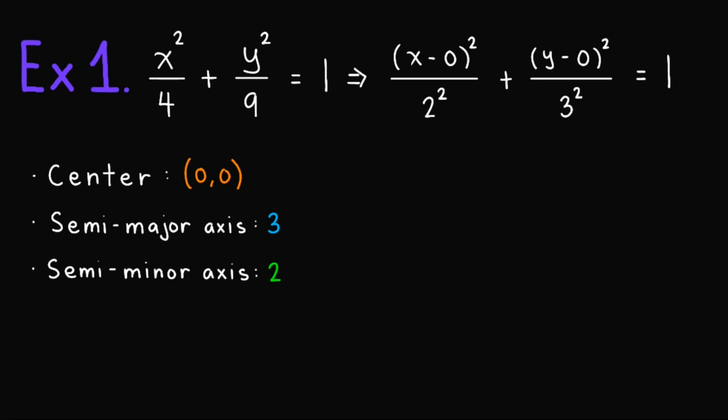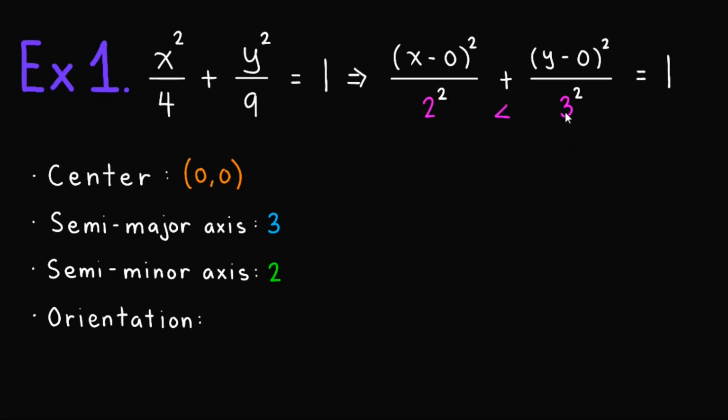Now we have the three parts. The last thing to check is the orientation of the ellipse. We obtain this from the denominators as well. To obtain the orientation, we just inspect which between these two is larger. Clearly it is 3.